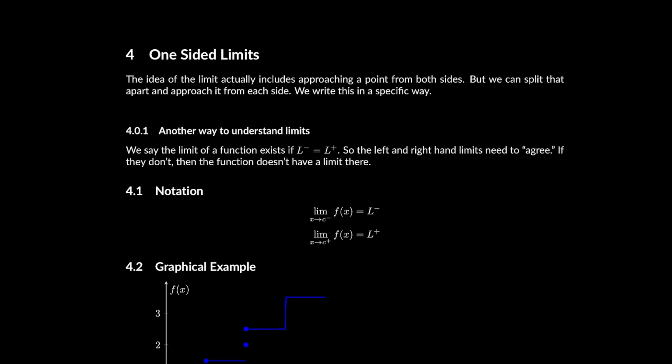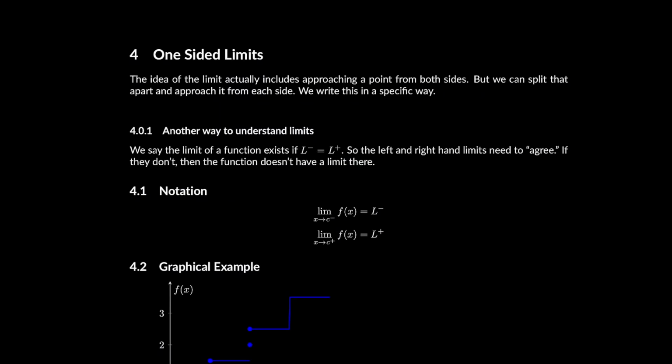So the idea of the limit actually, okay, my wild gesturing got the best of me again. So the idea of a one-sided limit means that you can approach something from one side, and then we can change what a limit really means by including both one-sided limits.